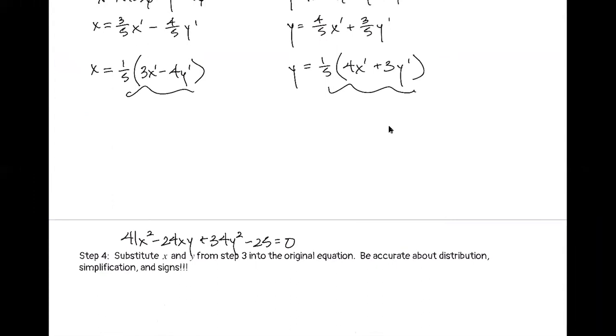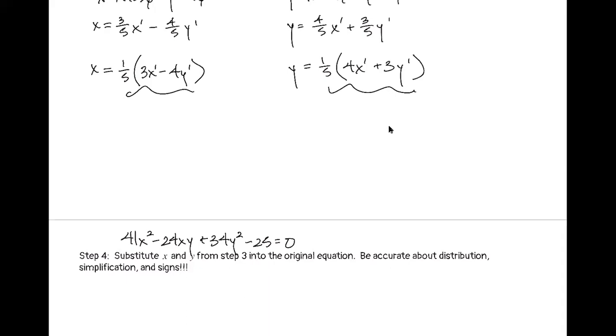I also find that my brain and my eyes get overwhelmed with the length of the equation, and then I feel like I'm more susceptible to making sign mistakes or distribution mistakes. So what I'm going to do is this.